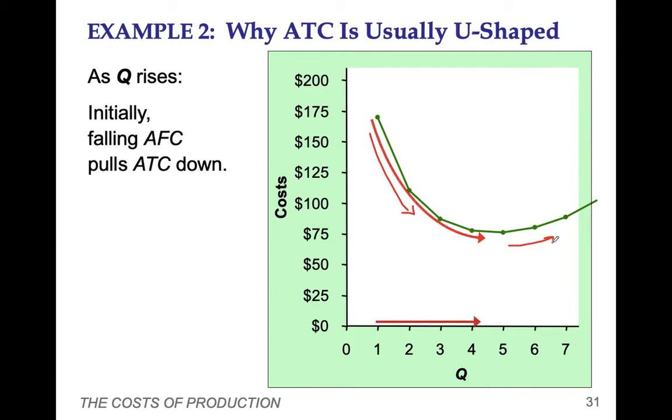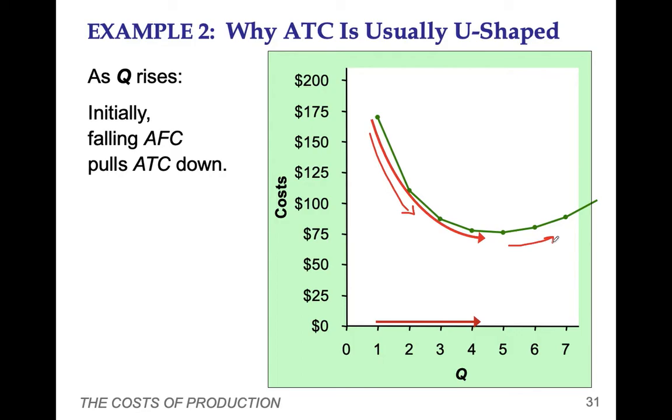Initially, the falling average fixed cost pulls the average total cost down. So this first decrease in the average total cost is the result of the falling average fixed cost.